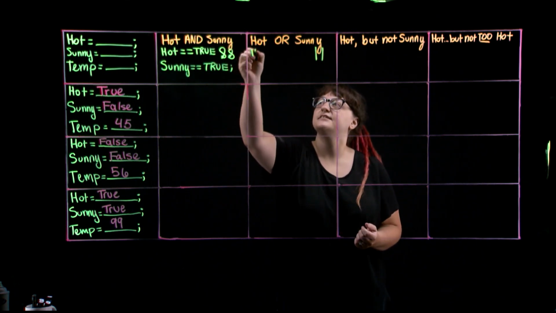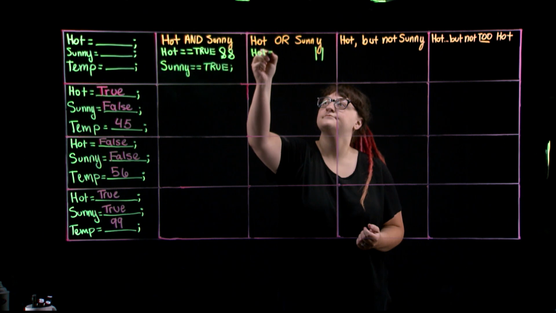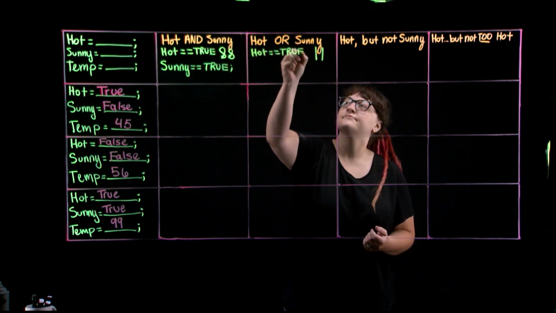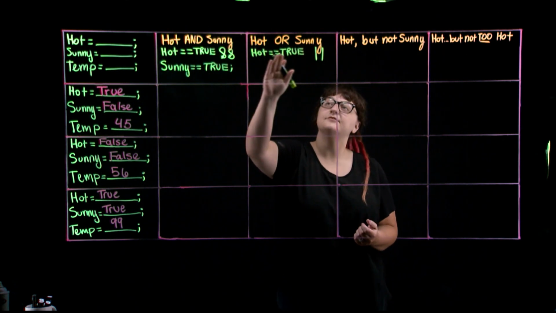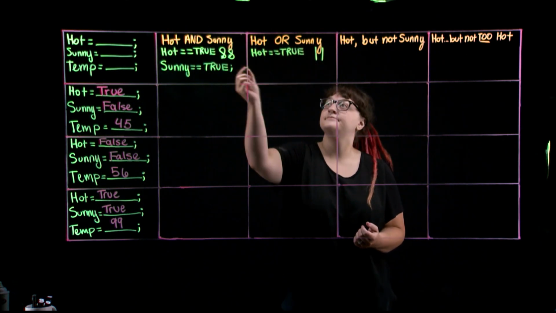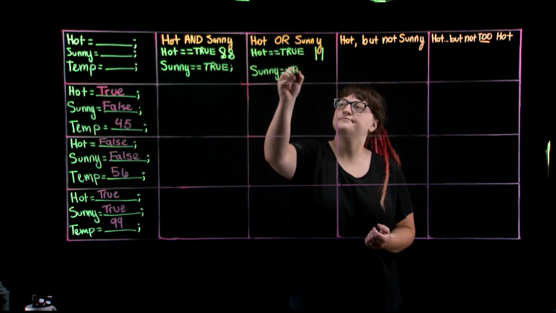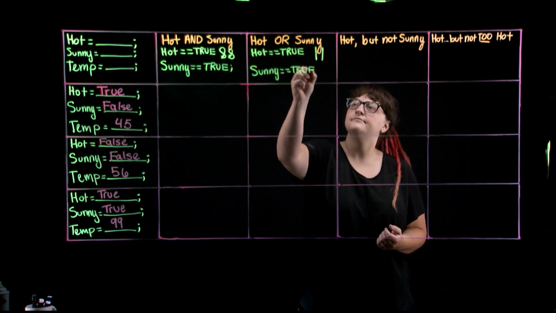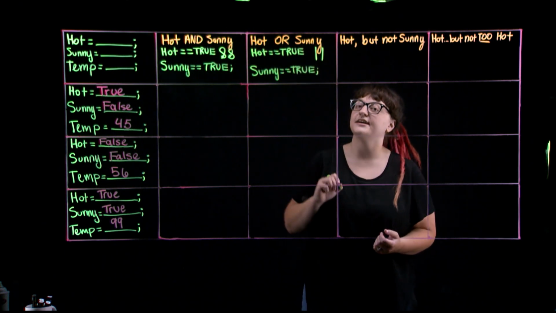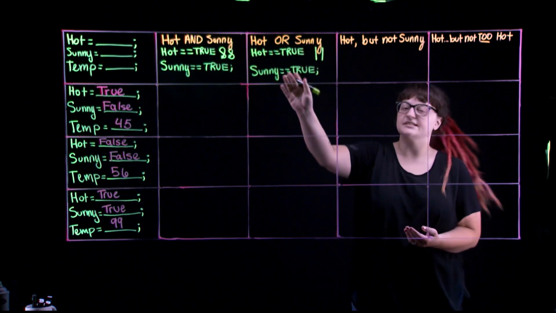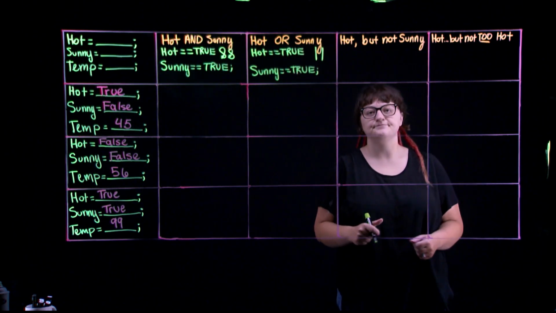So for hot, same thing. Okay, hot equals true, or sunny could equal true. And either one would make this whole statement true. Okay, excellent. Since it's an or, as long as one's true, we're good.